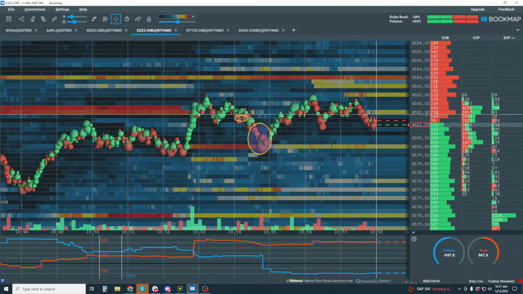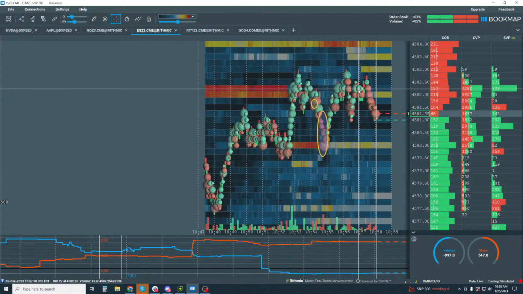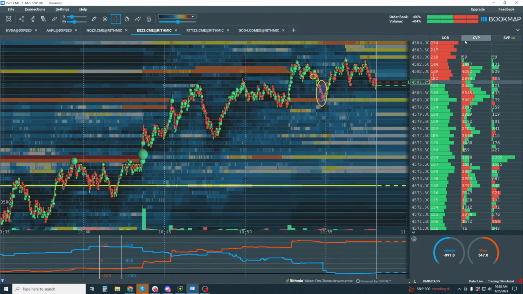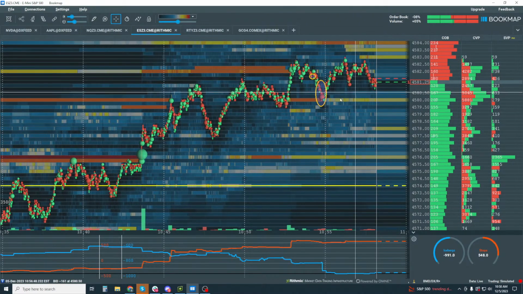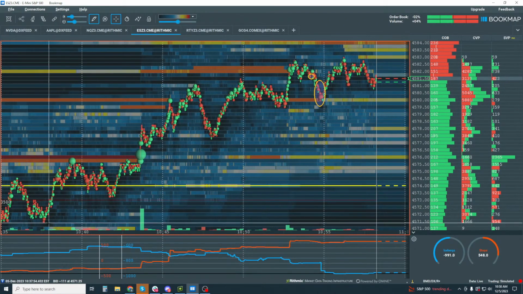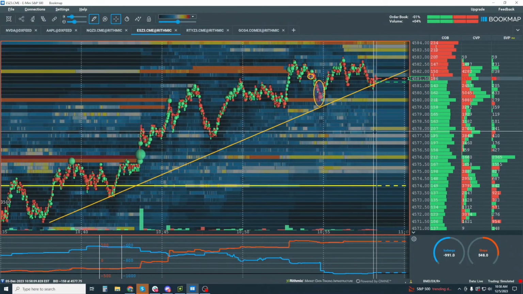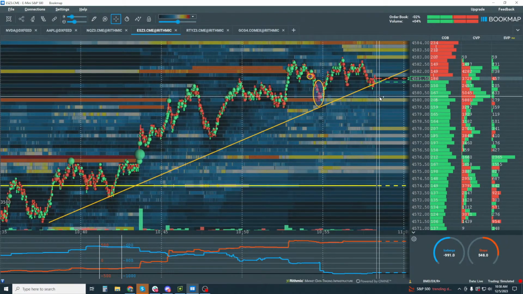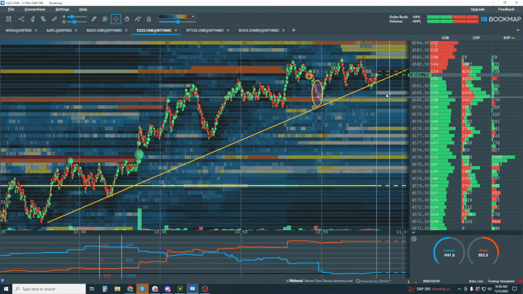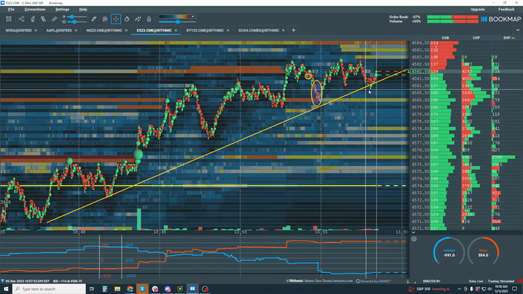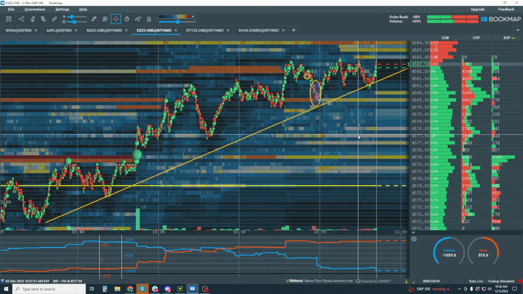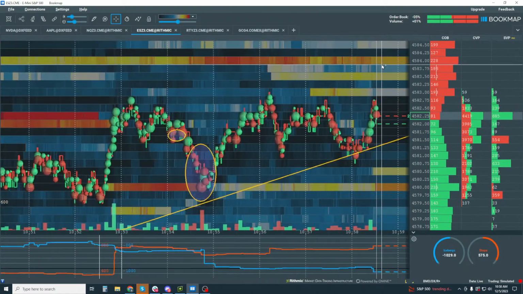So if we do get our sellers starting to come in, let's look at some potential structural breaks. We can put a diagonal line in here, and if we get our sellers to come in and really hit this hard and break our diagonal trend, then yeah, we have some nice moves to the downside potentially.